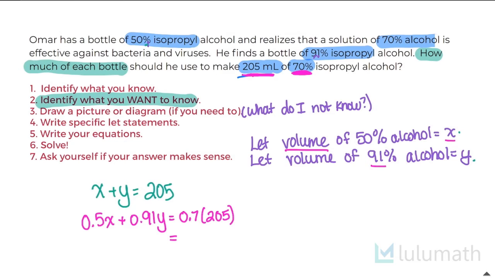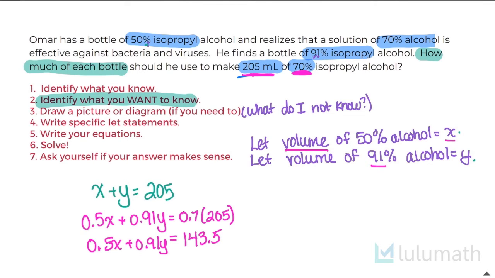So let's go ahead and multiply 0.7 by 205, and we know that we're going to need 143.5 milliliters of pure alcohol here. So 0.5x, I'm just going to copy the rest of my equation down, plus 0.91y equals 143.5.